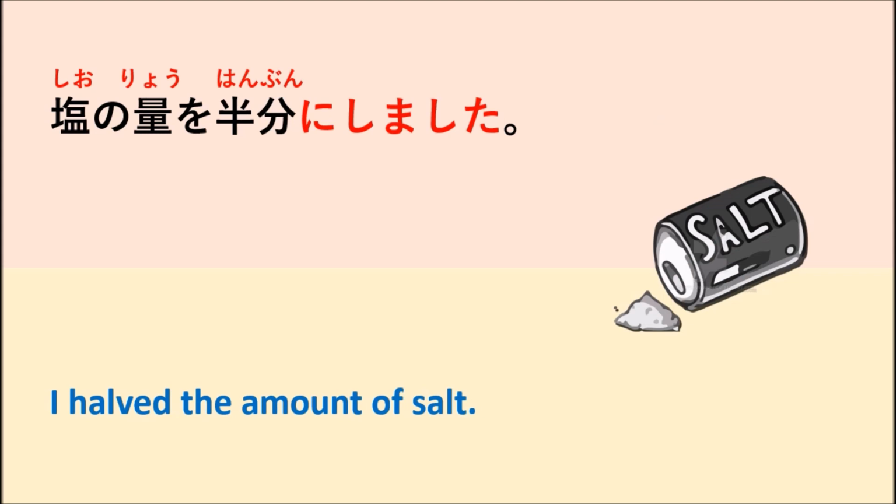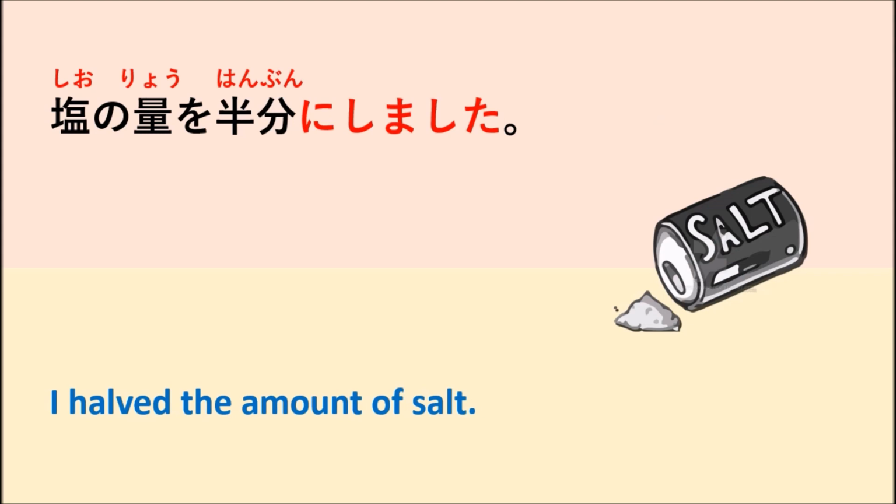O hanbun. Hanbun is a noun, right? Hanbun means half. Hanbun ni shimashita. Hanbun is a noun, so you say ni, not ku. So hanbun ni shimashita means I made the amount of salt half, which means you just use half of the salt, not all.